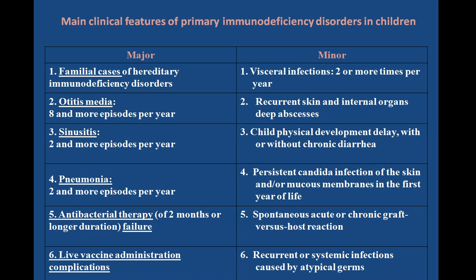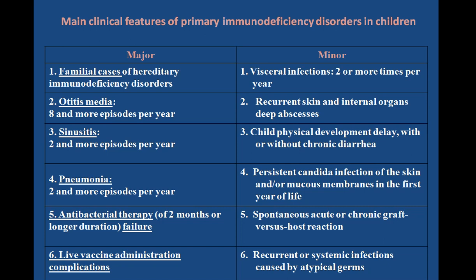And minor signs: visceral infections 2 or more times per year, recurrent deep abscesses of the skin and internal organs, child physical development delay with or without chronic diarrhea. Persistent candida infection of the skin and/or mucous membranes in the first year of life.